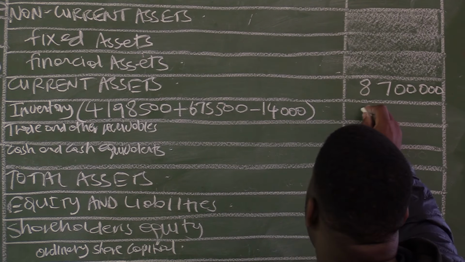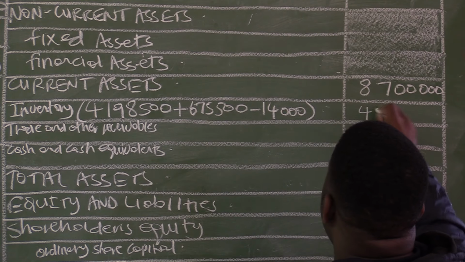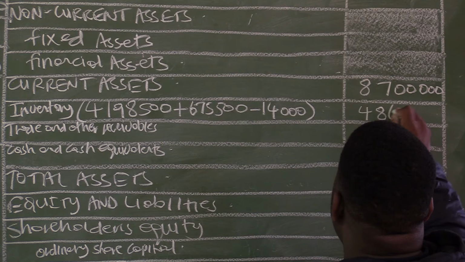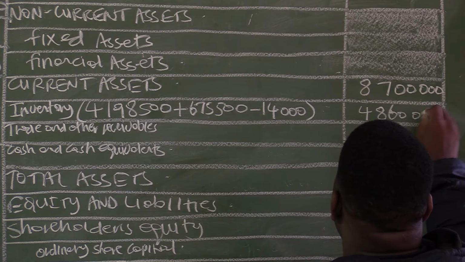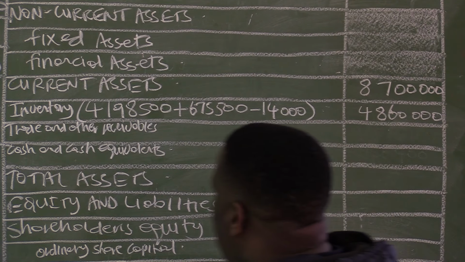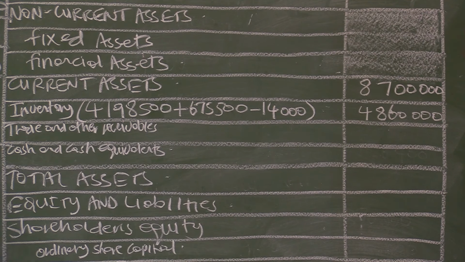Our trading stock, our inventory, is 4,860,000. Remember, I advise you to also calculate with me. That's 4,860,000.